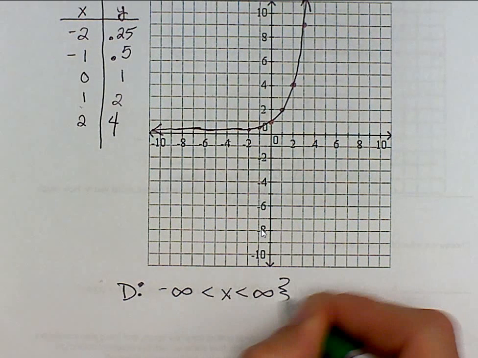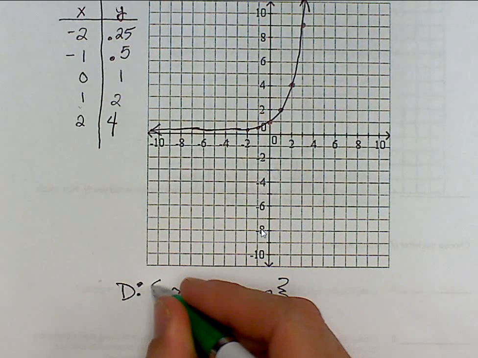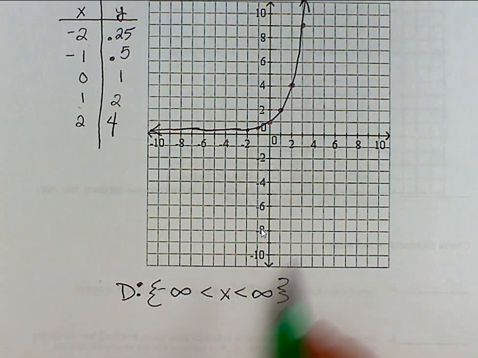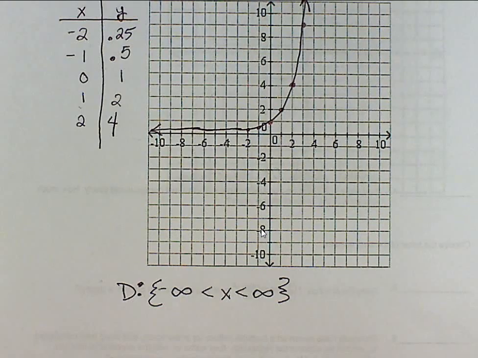If it touches it, there's a line underneath. If it never touches it, there's no line. Okay? You'll never get to infinity. It's sort of a concept.